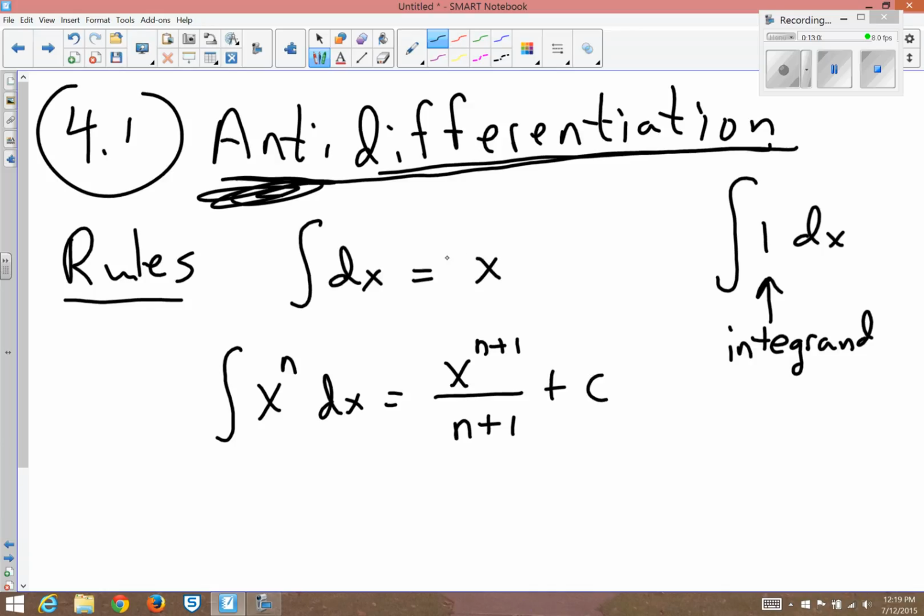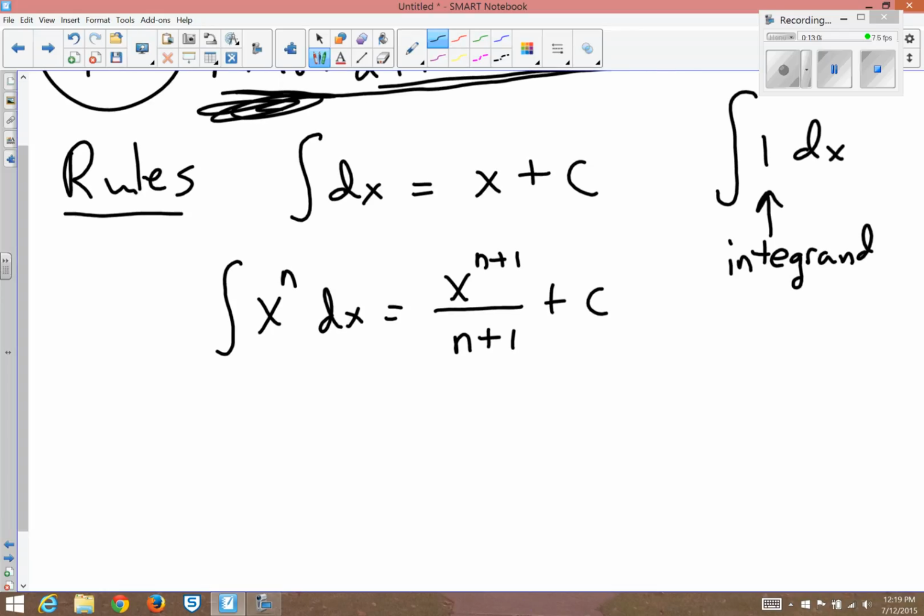By the way, plus c is part of that rule also. C stands for any constant. After we write the rules, the examples will make this more clear. This second rule only applies if the number, which is the exponent, is not -1.